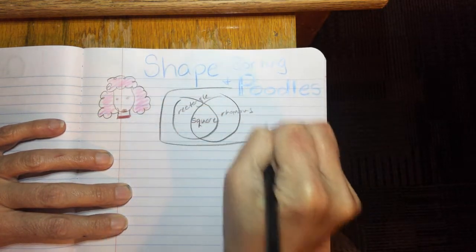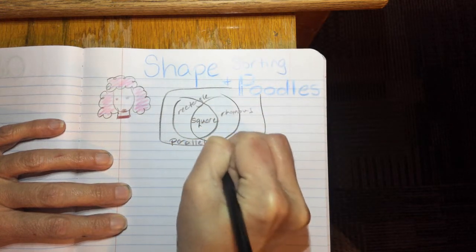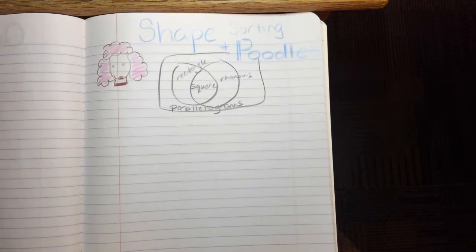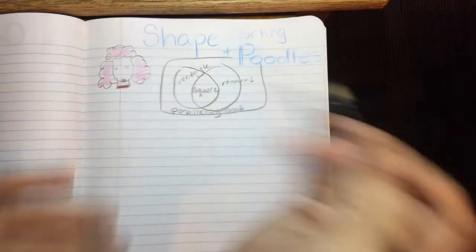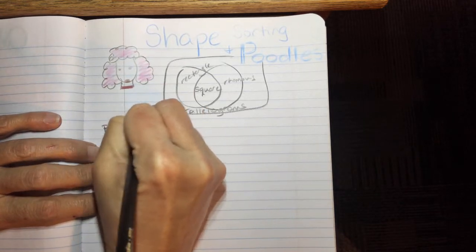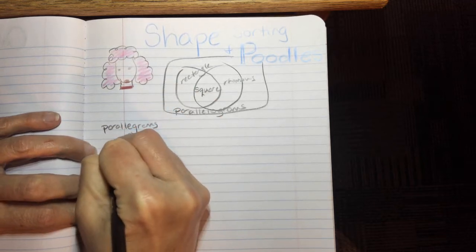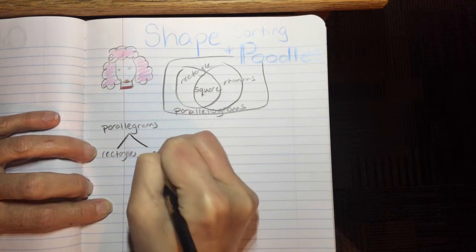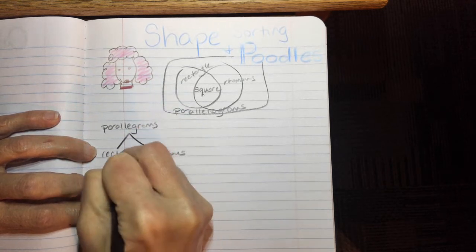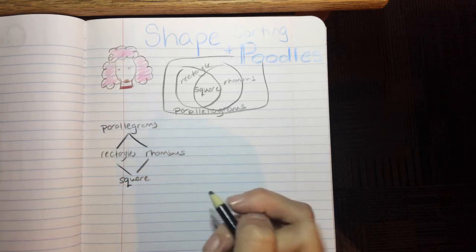And then maybe they have something else around here where they're like, these are all parallelograms, and you're like, ugh. Okay, so you can draw these all different ways, like you can draw parallelograms, okay, two kinds, rectangles, and rhombuses, and these come back together for a square, okay.